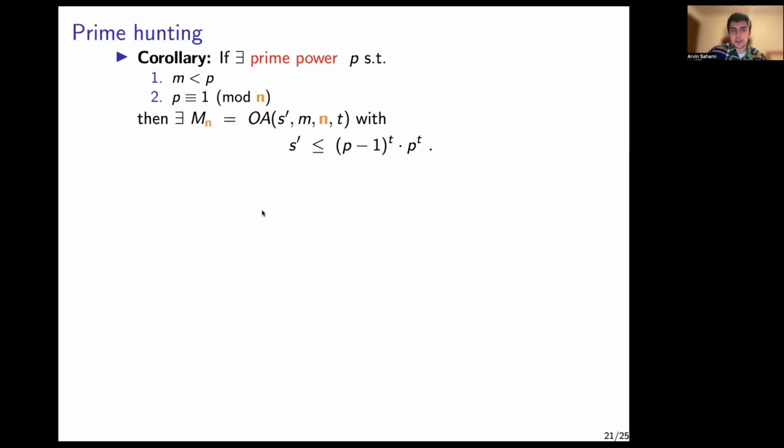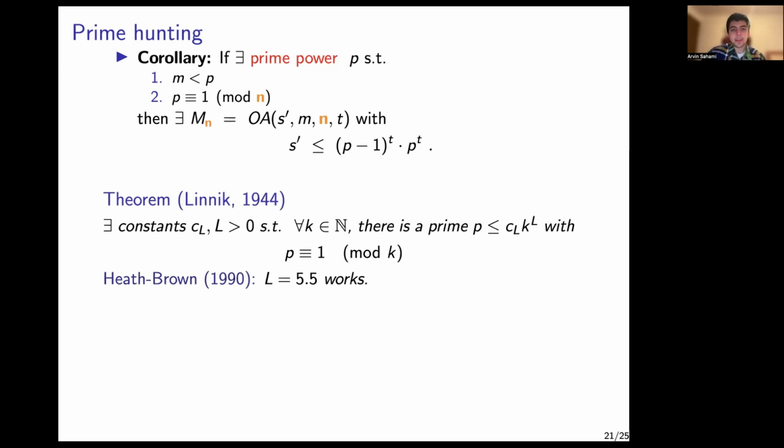Okay, so as you can see, the task that is left now is just finding a good enough prime p, which is hopefully small. And that's exactly what Linnik's theorem gives us.